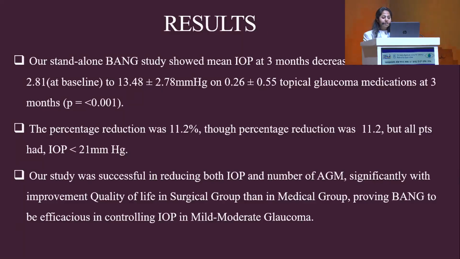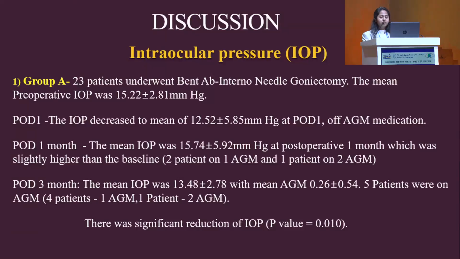Thus, our study was successful in reducing both IOP and number of AGMs significantly, with improvement in quality of life in the surgical group compared to the medical group, proving goniotomy to be efficacious in controlling IOP in mild to moderate glaucoma.